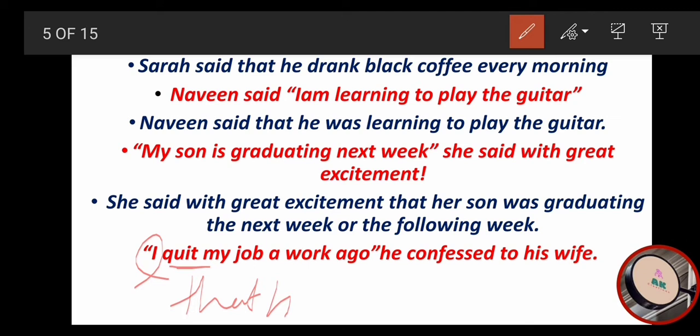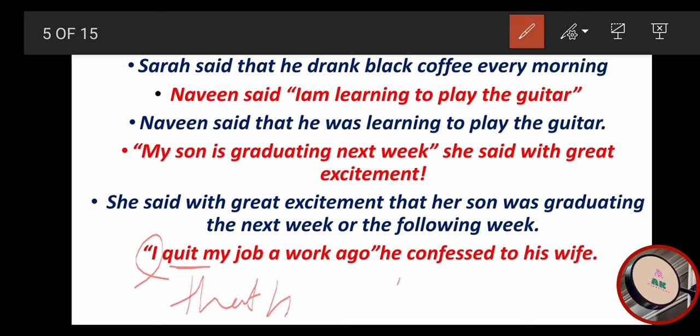So what do you have to change if it's in a past tense? If it's in a past tense, you have to change it into the past perfect tense. If it's in a past continuous tense, you have to change it into the past perfect continuous tense.